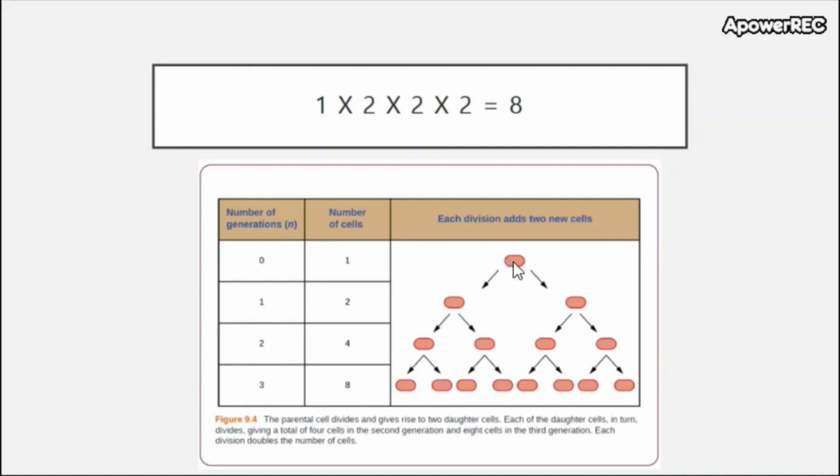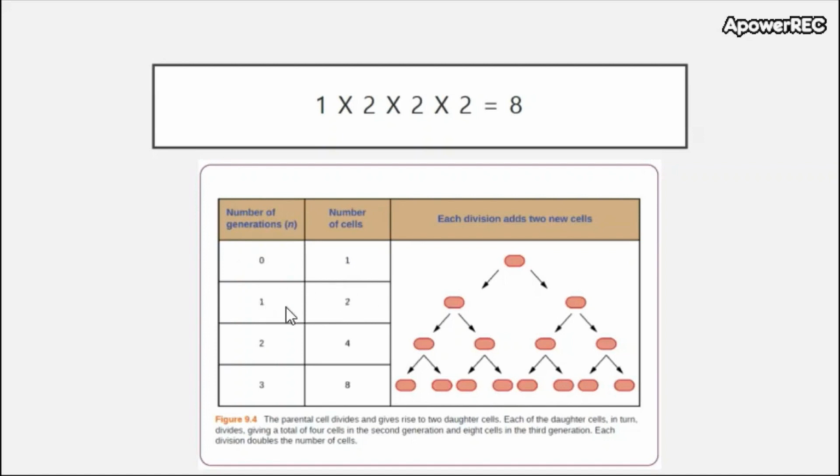So each one of these doublings is called a generation. If we start with our founding population, we're looking at generation 0. The first generation, or the first doubling time, is our n equals 1. Because we started with 1 cell and we double, then we have 2 cells.